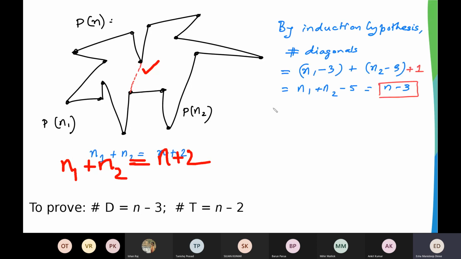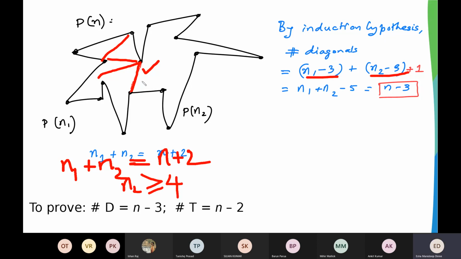Now by the induction hypothesis, there are n1 minus 3 diagonals here and n2 minus 3 diagonals here, and you have another diagonal in the triangulation. You triangulate each part separately, and now you have a triangulation for the whole polygon. n1 and n2 should be at least 4.